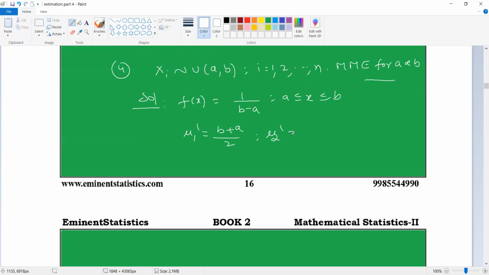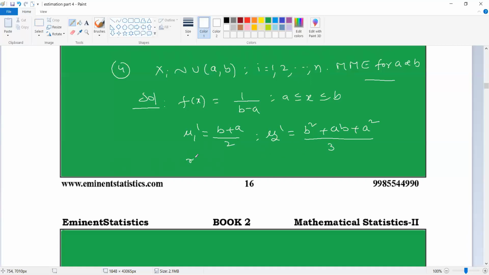Next, mu2 dash is equal to b square plus ab plus a square by 3.